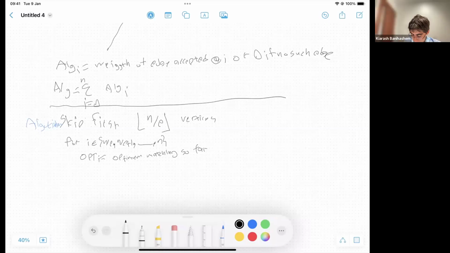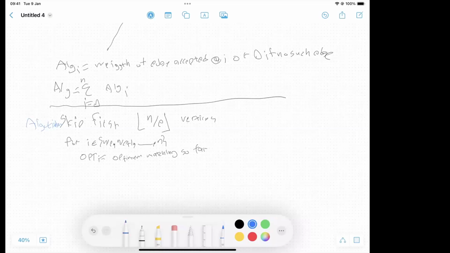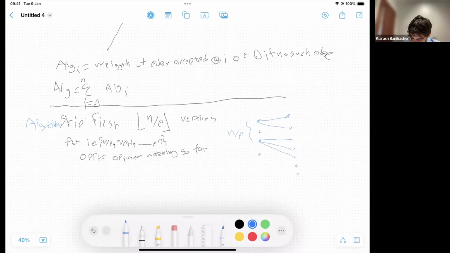So you are essentially ignoring the first n over e, which is some kind of information gathering. After that, we consider the I elements that are coming. For these I elements, including those n over e, we compute the maximum matching. Yeah, exactly. So if I look at the time step n over e plus 1, for instance, these vertices have arrived, and so has this vertex now. So I have a partial graph.